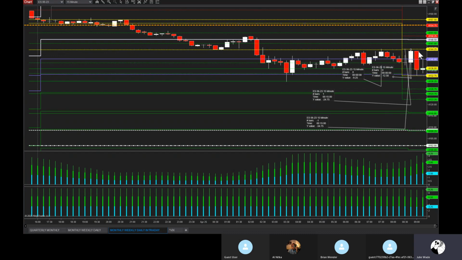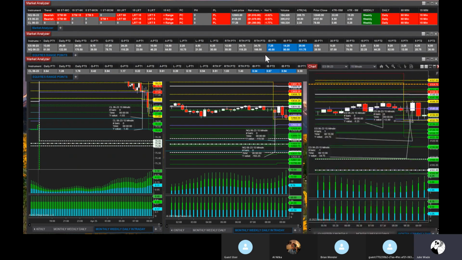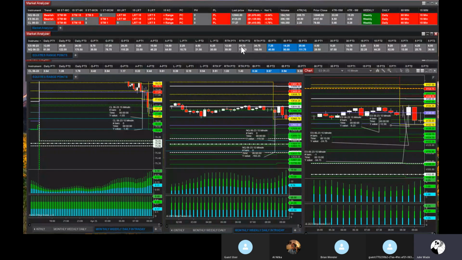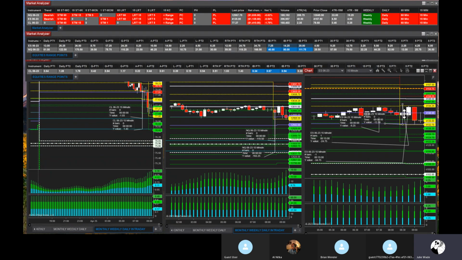And right inside our anticipated range for today's RTH session, right there. Let's see, 12.5 for an RTH1. That's right here, 12.5, and that's just where it went so far.